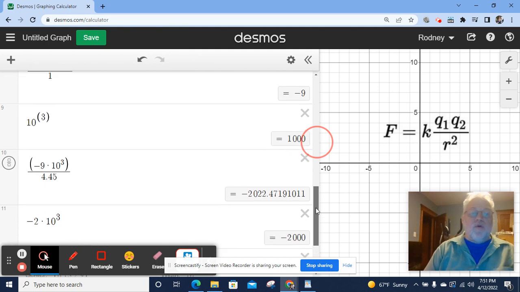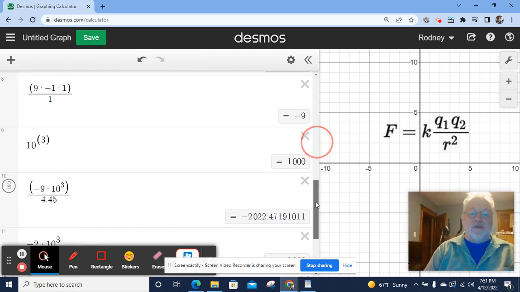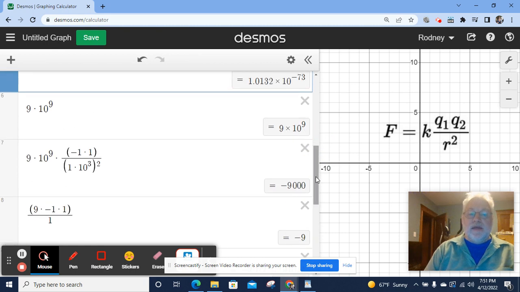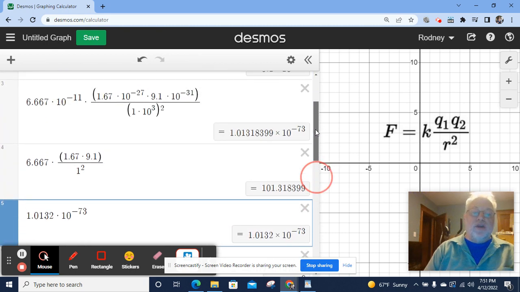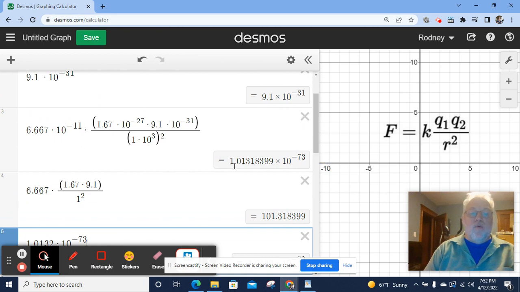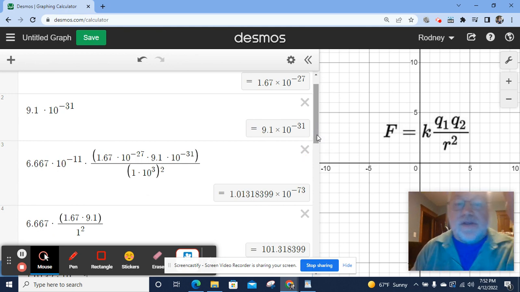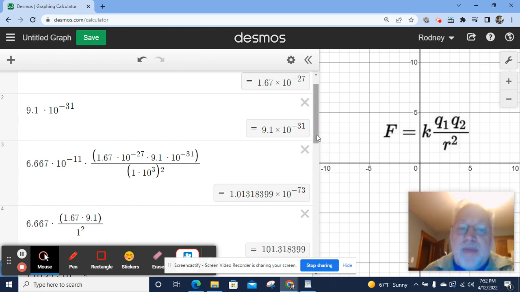So when we were dealing with just newtons, it was 9 times 10 to the third newtons of force versus roughly 1 times 10 to the negative 73rd newtons of force for the electron and the proton, okay, for gravitational force. So it's a whole lot more massive, a whole lot more incredible force, electromagnetism, compared to gravity.